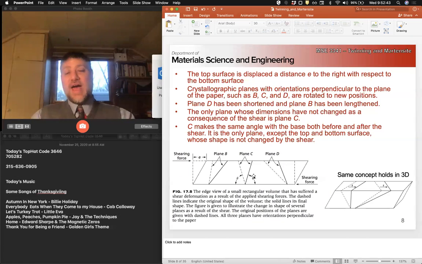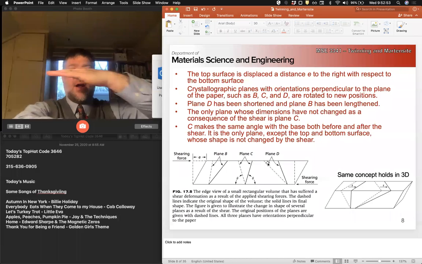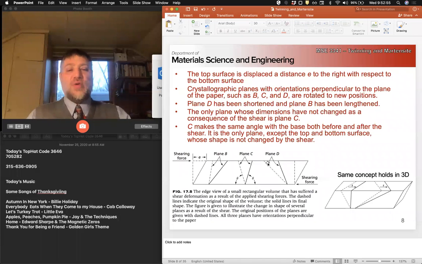And so we have here two invariant planes, these parallel planes that are parallel to the shearing force, and one plane that cuts through.